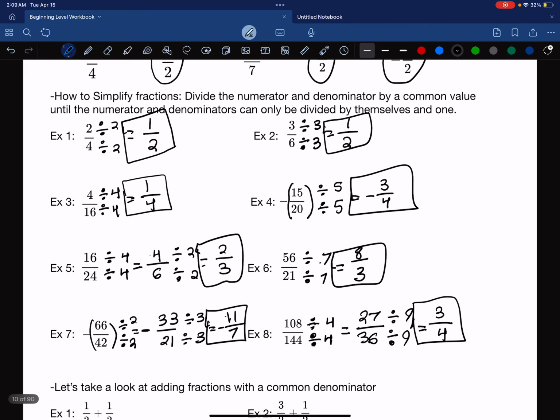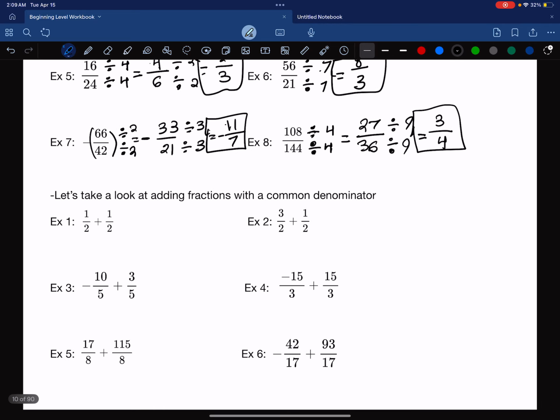Now, with all that in mind, everything we've done has led us up to be able to successfully add fractions that have a common denominator. So let's start off by doing that.